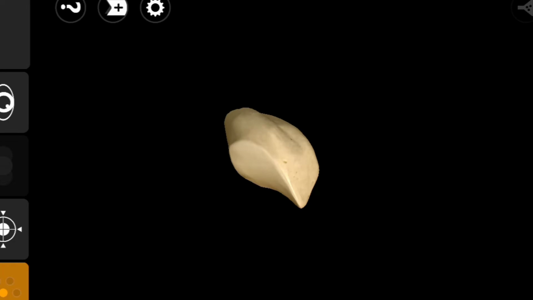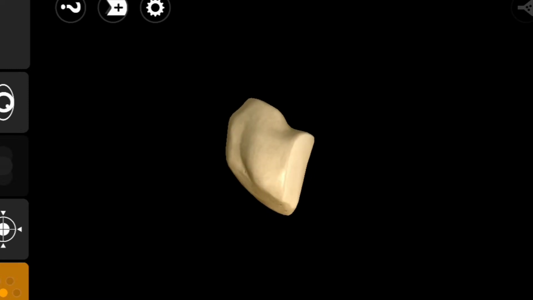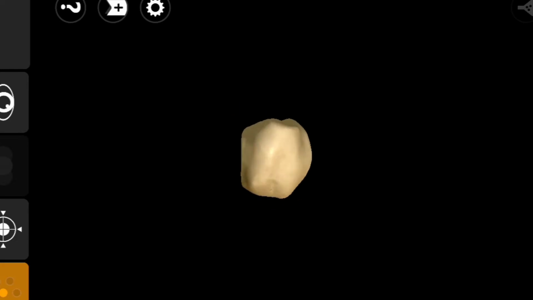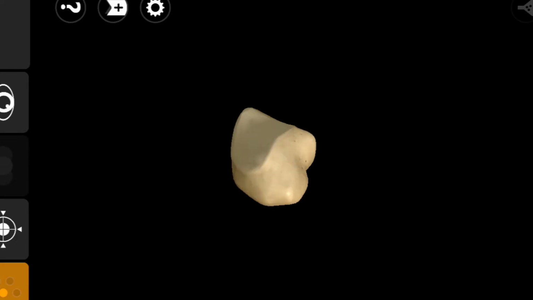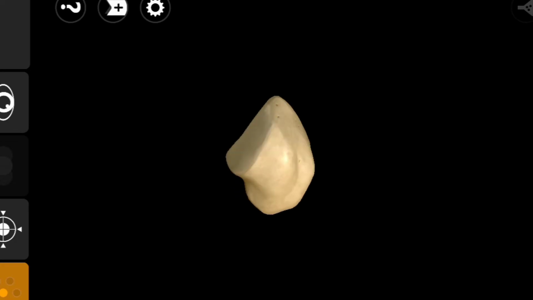This is a three-cornered bone. You can note 3 corners of the bone. This is triangular bone. This is also a very small bone on the most medial side of the wrist.